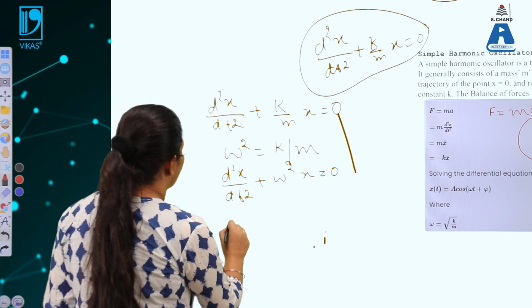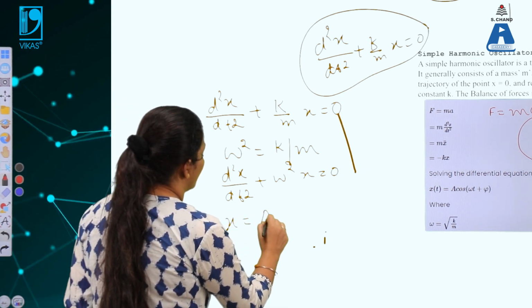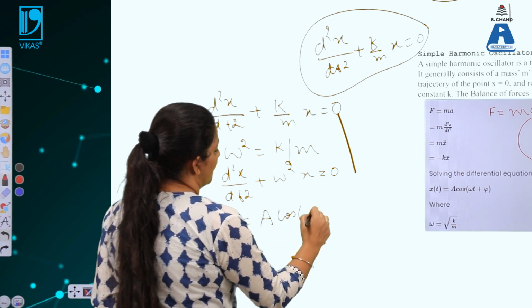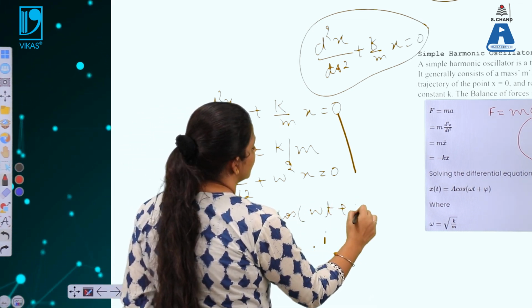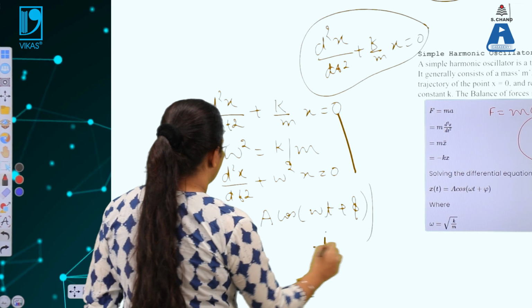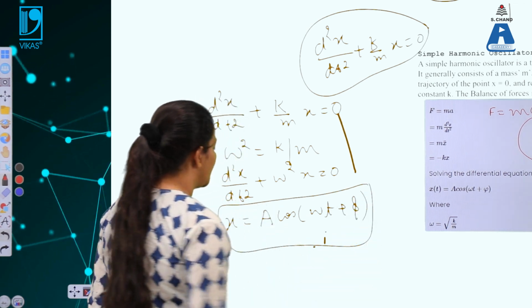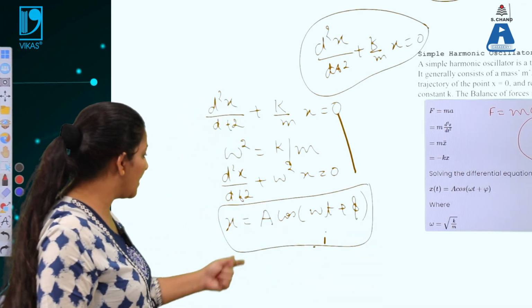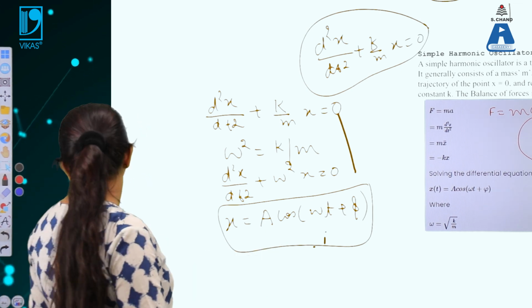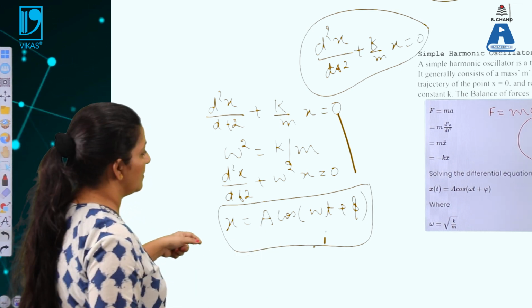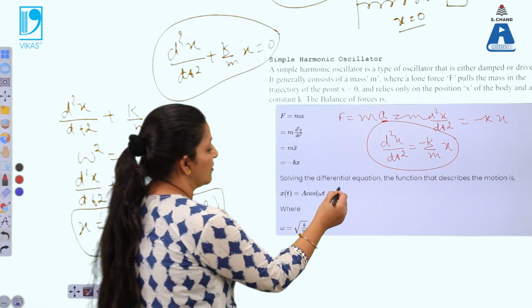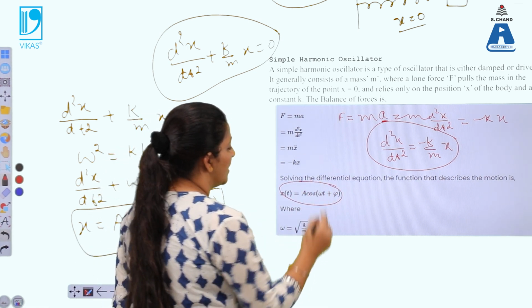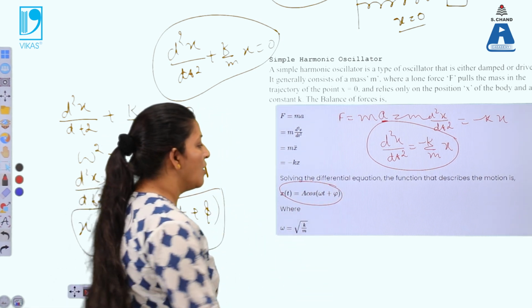Now the solution of the second order differential equation is equal to A cos omega t plus phi. That means the displacement of the body can be given by A cos omega t plus phi. What is A?